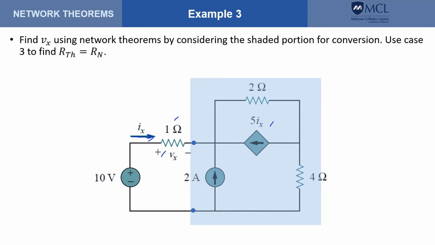Also, as stated in the example, we are required to use the shaded portion of the circuit as the circuit that will be converted either into a Thevenin's equivalent or a Norton's equivalent.